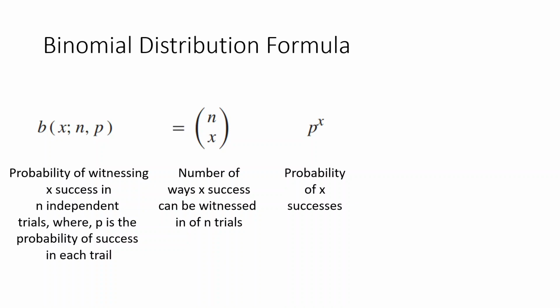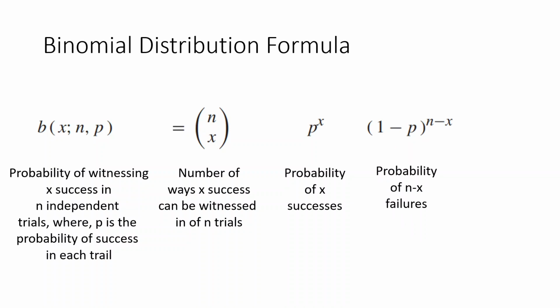And this term is multiplied by the probability of success. p is the probability of success, and if I raise it to the power x, that gives the probability of x successes. And (1 minus p) to the power of (n minus x) is the probability of n minus x failures.